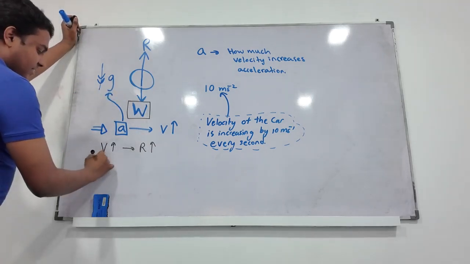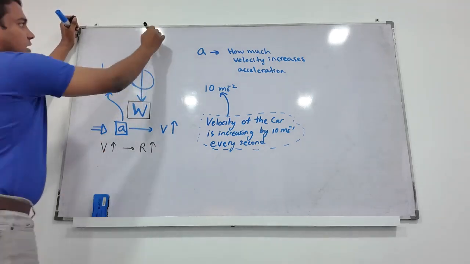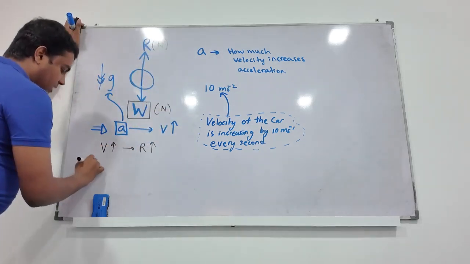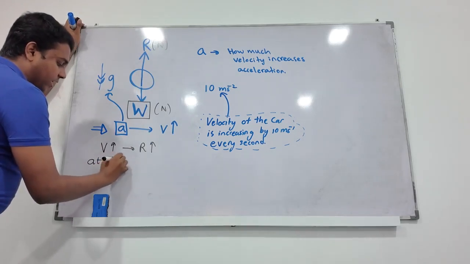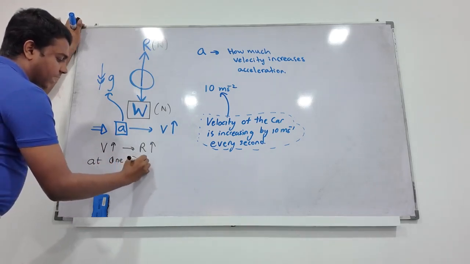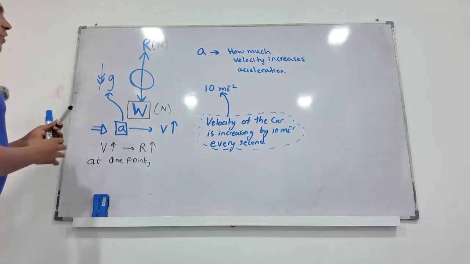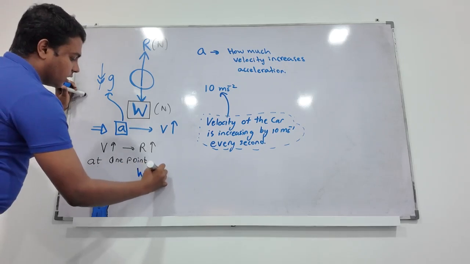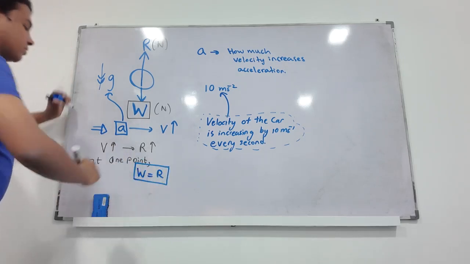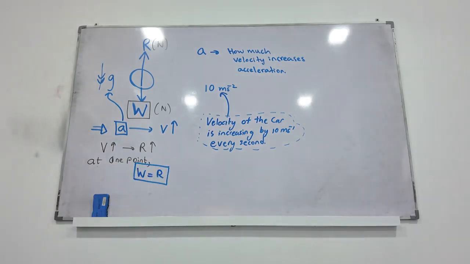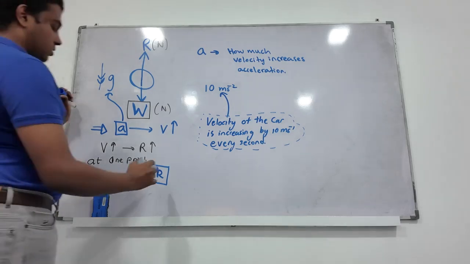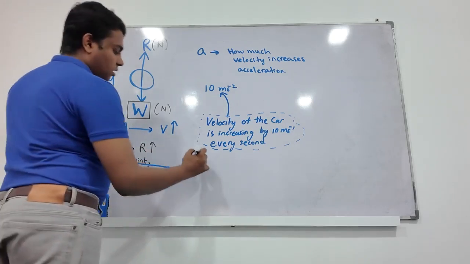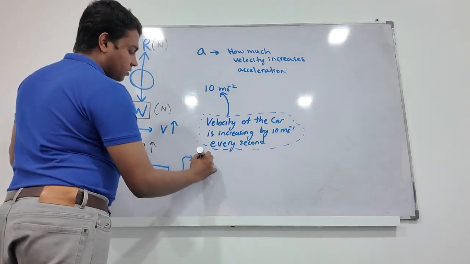When air resistance is increasing and weight remains constant, since both of these are forces, at one point weight will be equal to air resistance. Is it clear? Weight will be equal to air resistance. Then what happens to the resultant force?